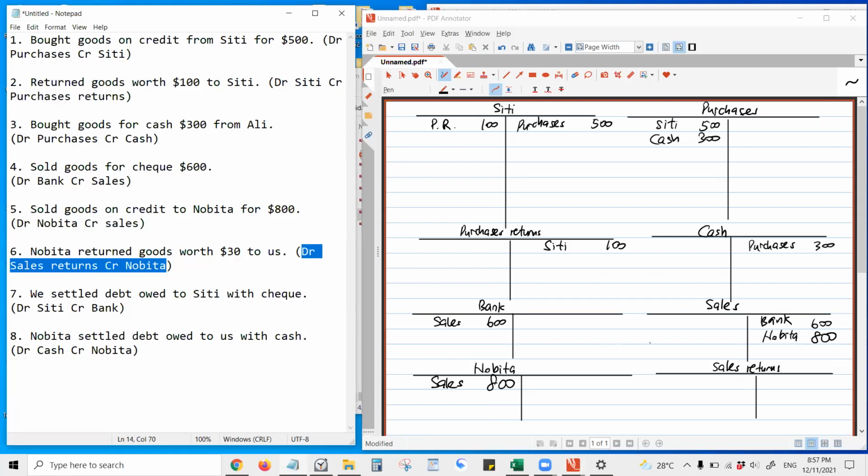Okay, return goods back to us, Nobita. Debit sales returns. Credit Nobita. Okay. Here write sales returns. Here write Nobita. Okay. Number 7. The amount is what? Okay, let's check again. What is the amount? 400.